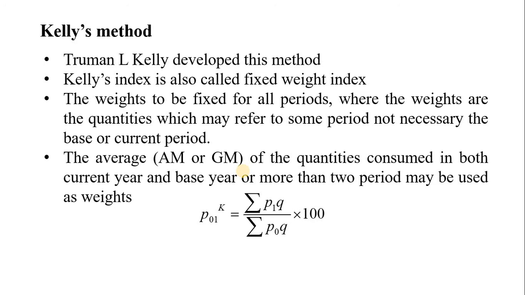Kelly considered the arithmetic average or geometric average of quantities purchased not only in the base period or current period, but many periods, so it is a fixed weight index number. These are all the different index numbers that we have discussed today, and tomorrow we will come with problems and how we can calculate index numbers using all these different methods.